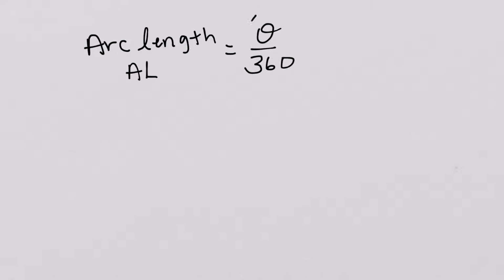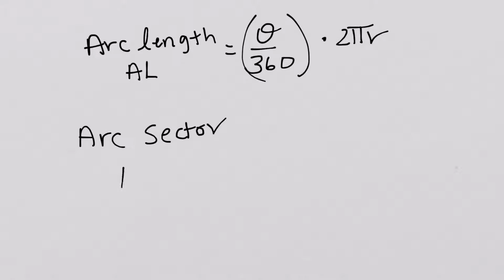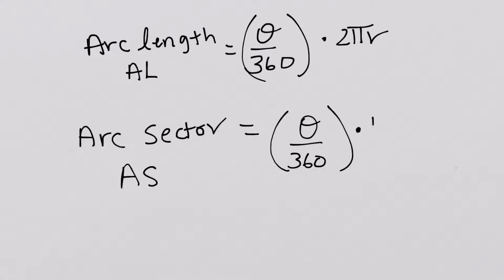So, once again, arc length, we can call it AL if you'd like, equals theta over 360 times 2 pi r. The arc sector, let's call it AS, is equal to theta over 360 times pi r squared.